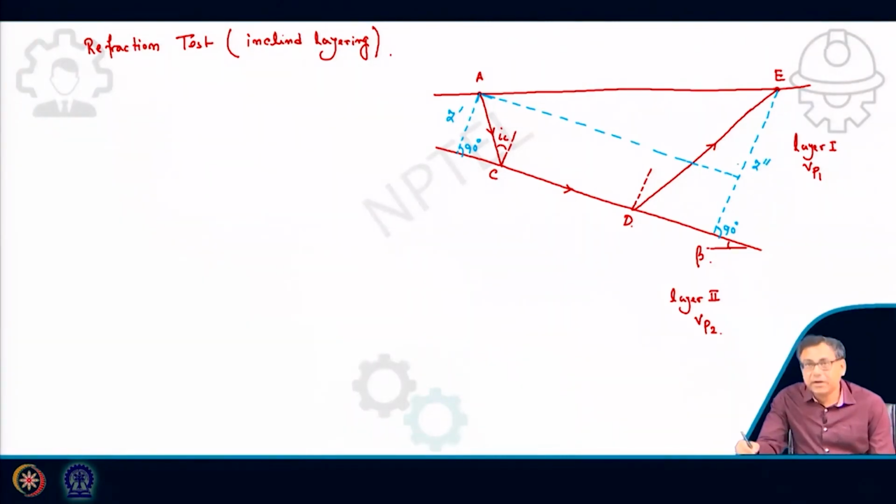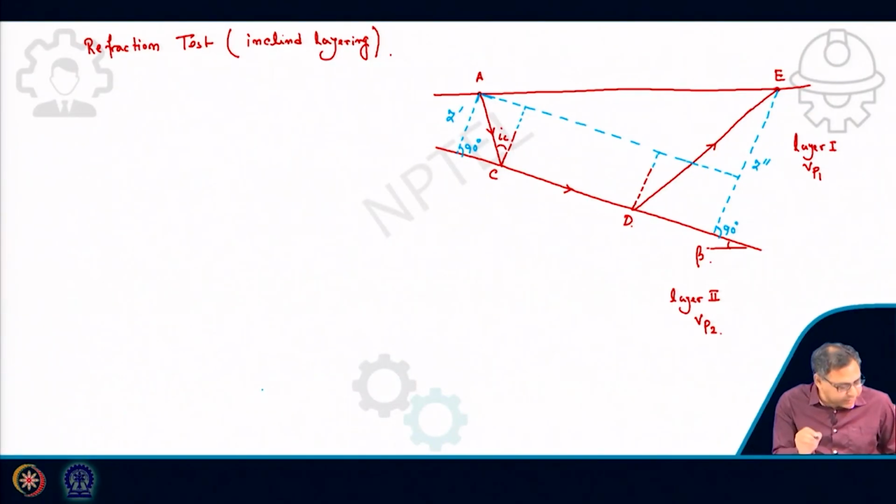So this is the perpendicular distance between any point and the boundary between the layers. Now, let me first draw these lines, extend this line, and give the different names.